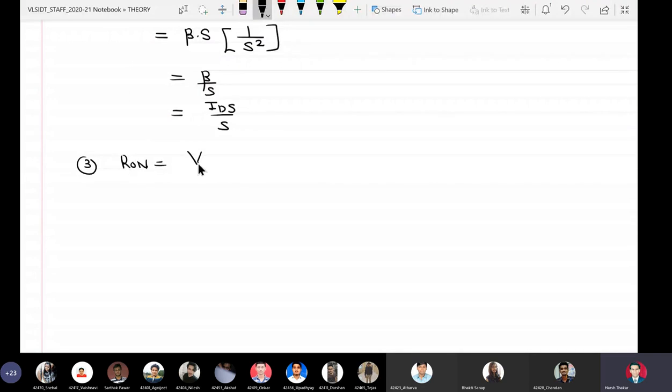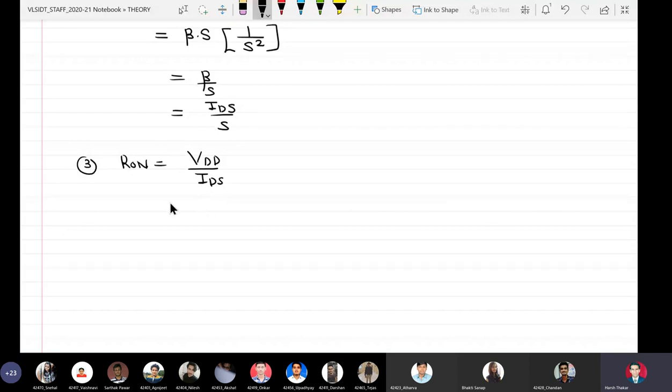R on is VDD upon IDS. So we can say R on dash is VDD dash upon IDS dash, which is equal to VDD over S upon IDS over S, because we are scaling down the voltage also.